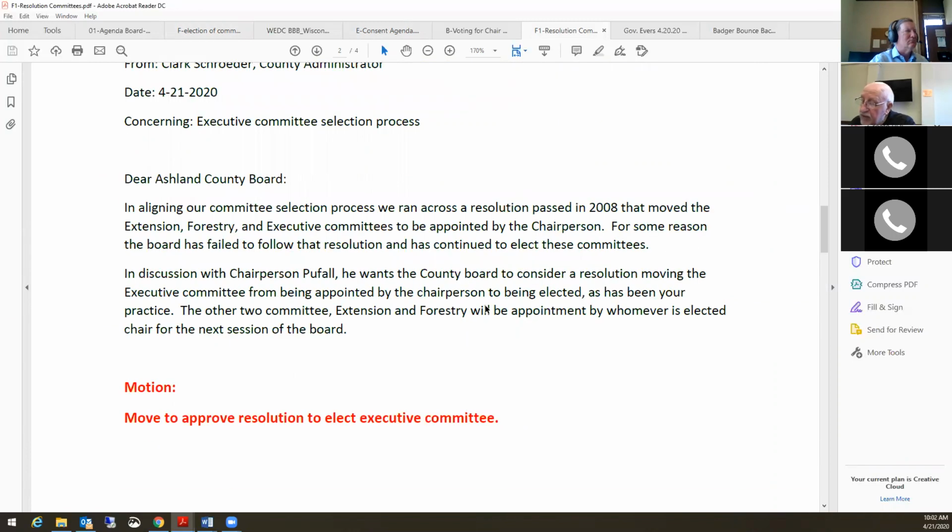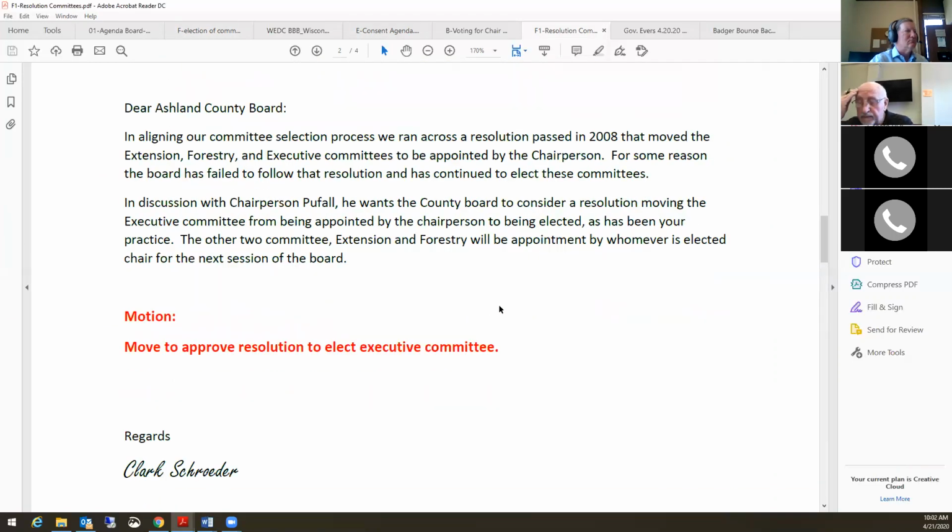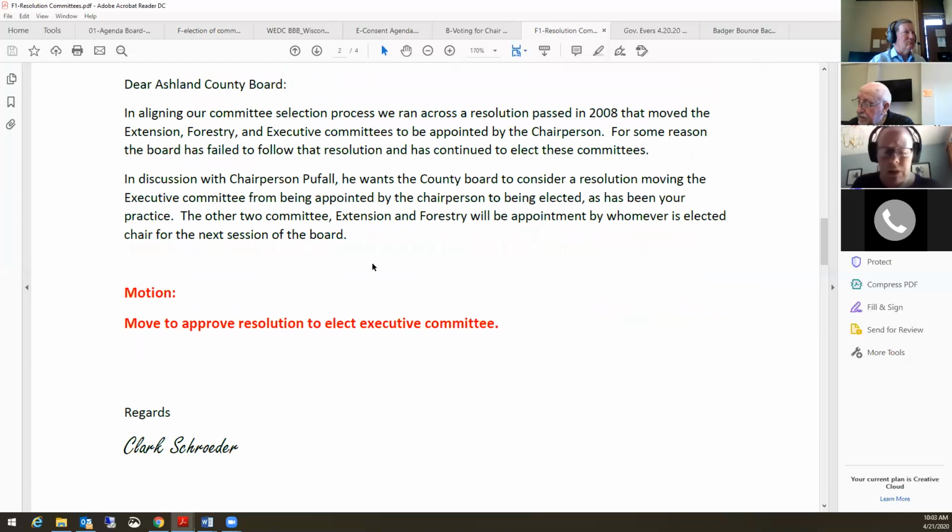All right, we have a motion and a second. Do we have any discussion? Does anyone know the history of this and why all those committees were moved from elected to appointed positions? This is Clark. We just ran across this while doing our research and aligning the appointment process for the county and doing our handbook.